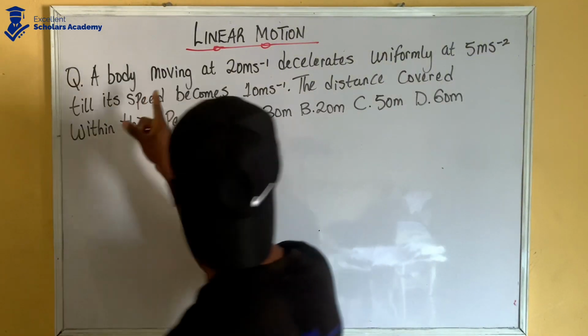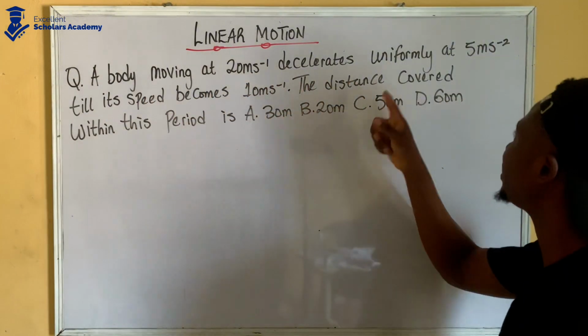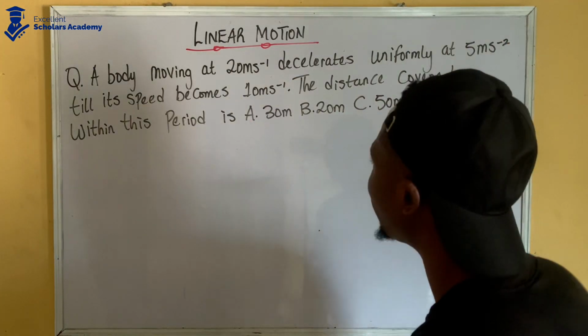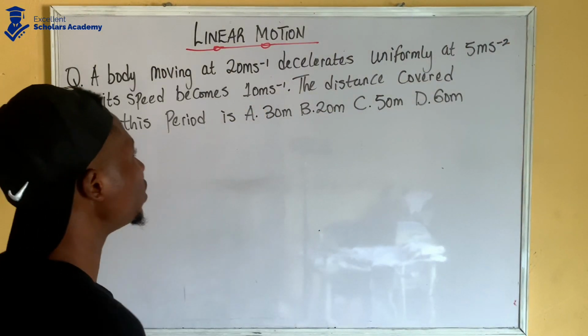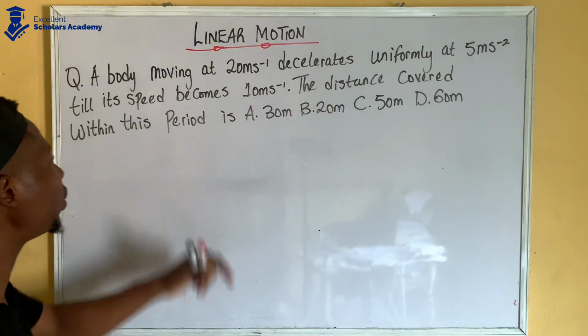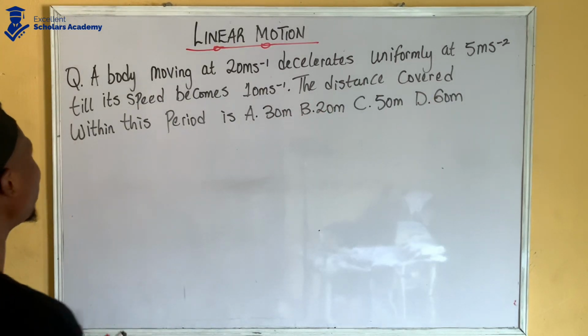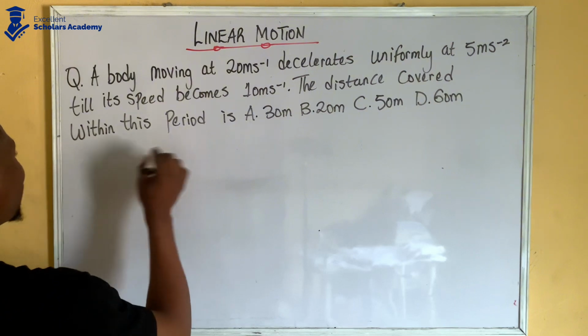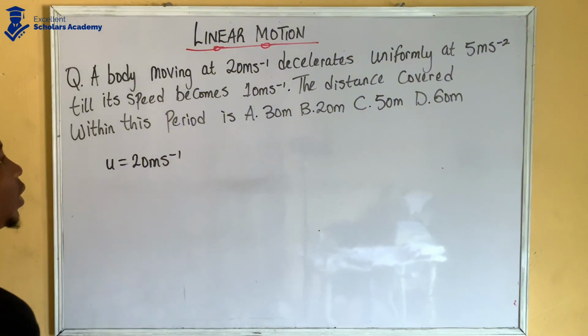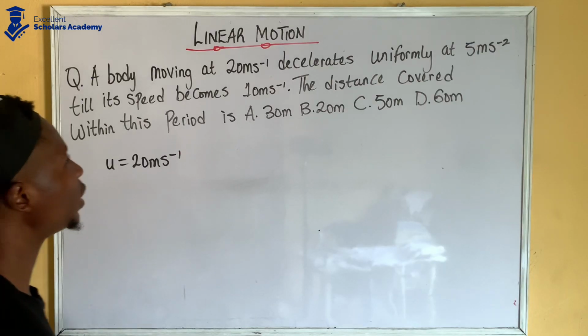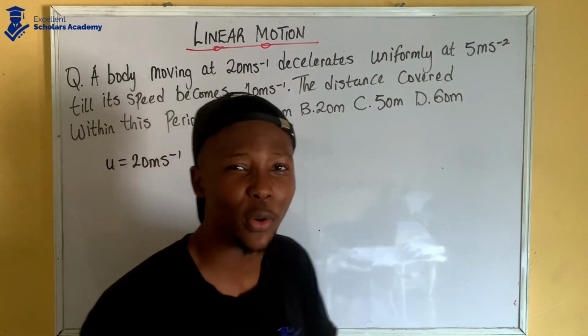So the question says, a body at 20 meters per second decelerates uniformly at 5 meters per second squared till its speed becomes 10 meters per second. The distance covered within this period is, now let's write down what we're given. A body moving at 20 meters per second, that means the initial velocity is 20 meters per second. All right, decelerates uniformly at 5 meters per second squared.